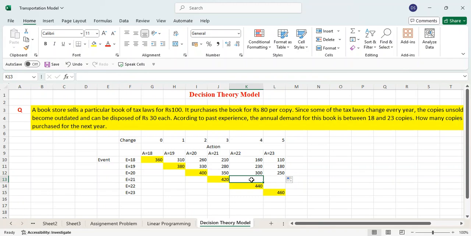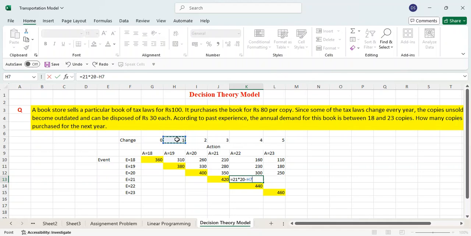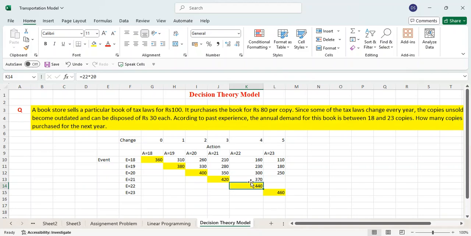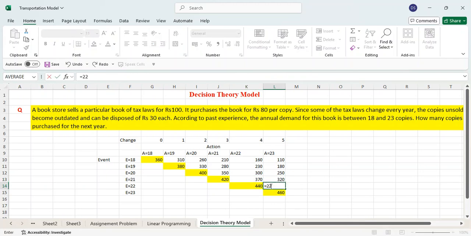In the same manner, market demand is 21, and you have kept one more book on the shelf, and through this process you incur some loss, your profit has been reduced, and that continues in this manner. Similarly here also, market demand is 22, you kept one book more, and due to keeping one book more, you incur some loss, and ultimately it will be reduced.